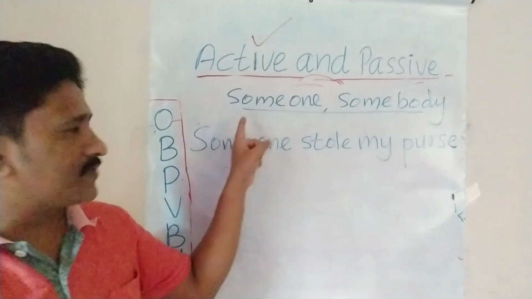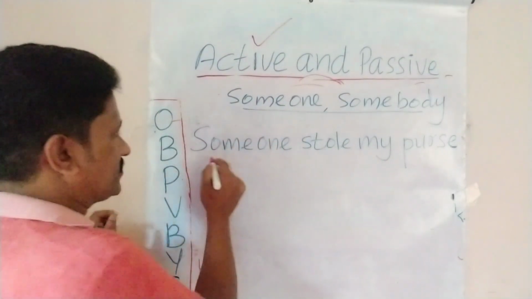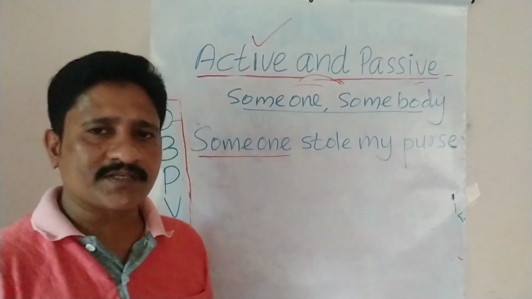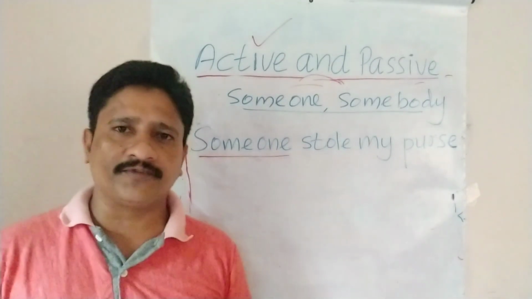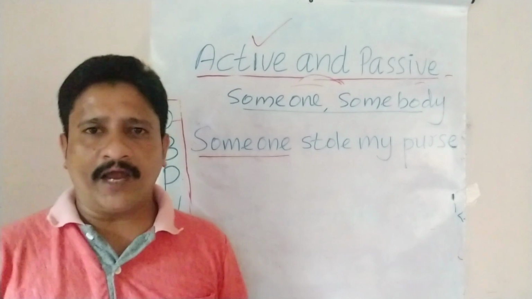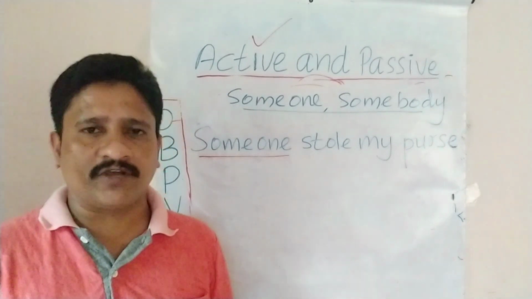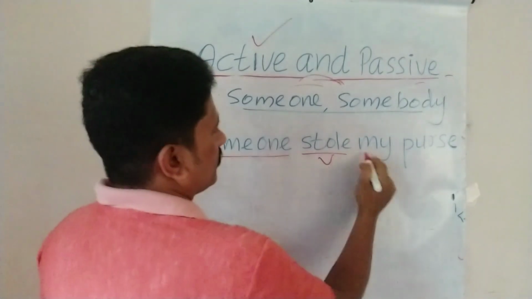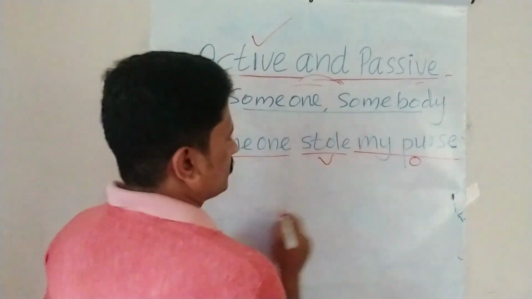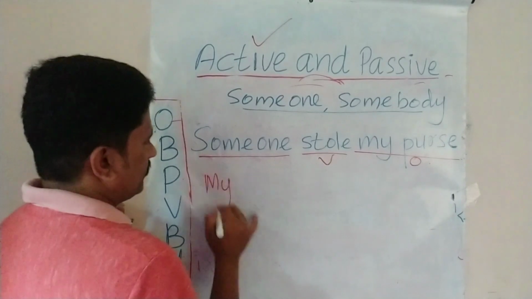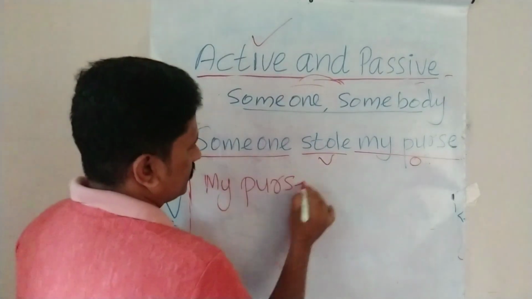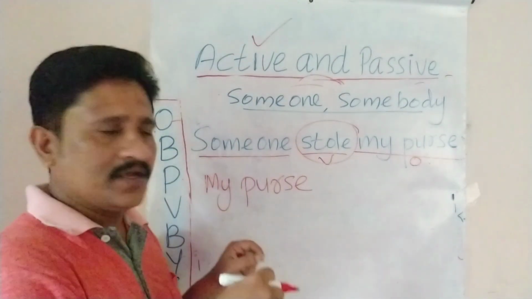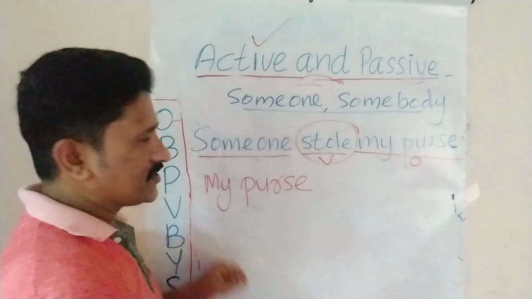Now, if expressions like someone, somebody come in the subject space, as I told you in the beginning of the session, in certain cases the by plus subject is omitted. It's not included. So let's say someone stole my purse, my purse is the object. Stole is the past tense, and this sentence is in past simple.